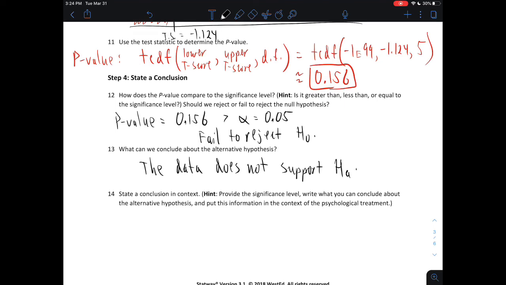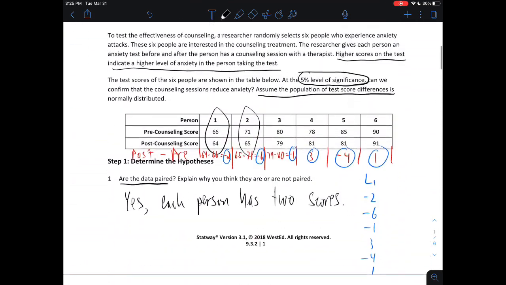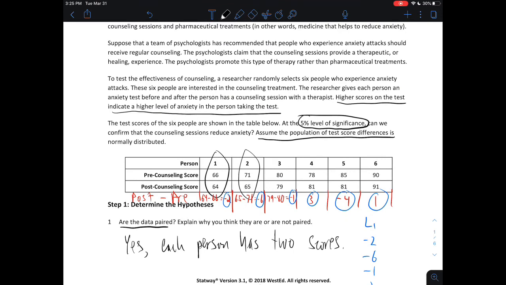So this is also similar to another example we saw in the previous lesson. We can say at the 5% level of significance, if we go back to what we were asked about, we were trying to confirm that the counseling sessions reduce anxiety.